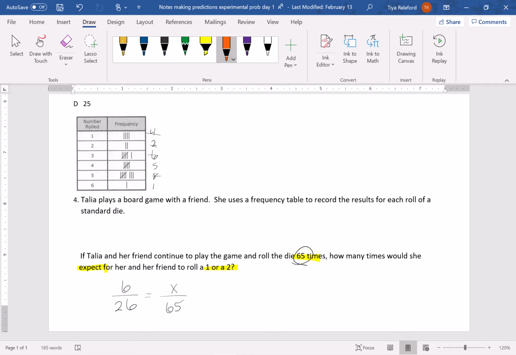And then you're going to multiply 6 times 65, and 26 times x, and then 390 divided by 26.